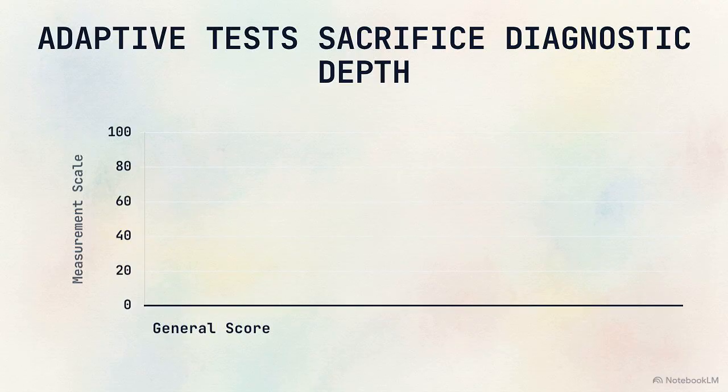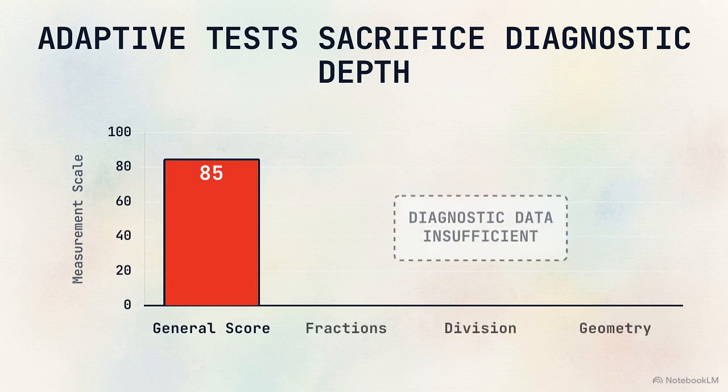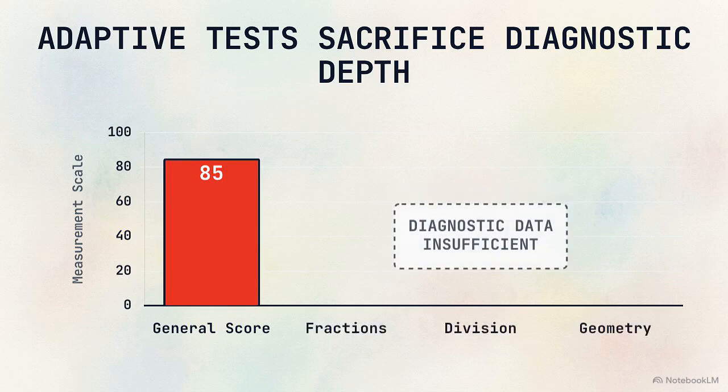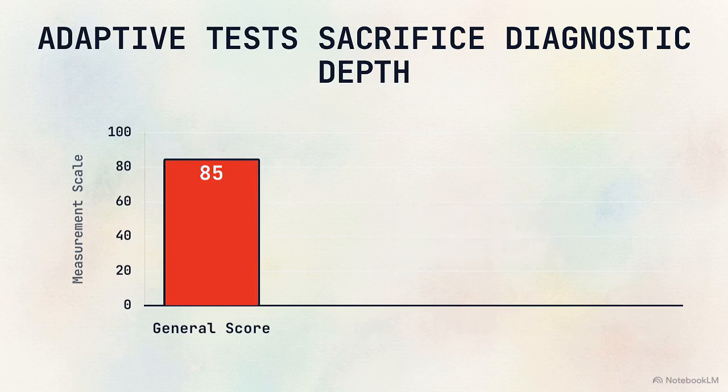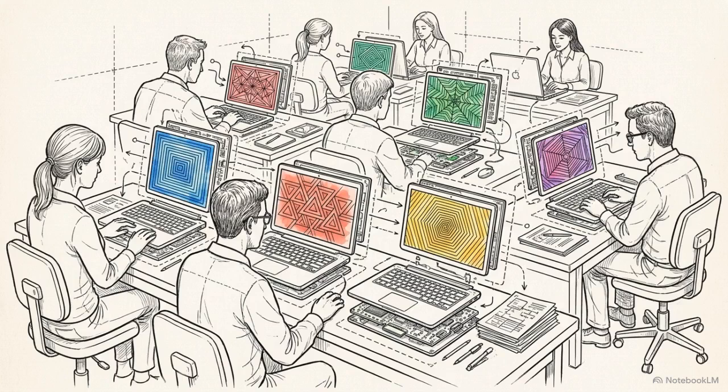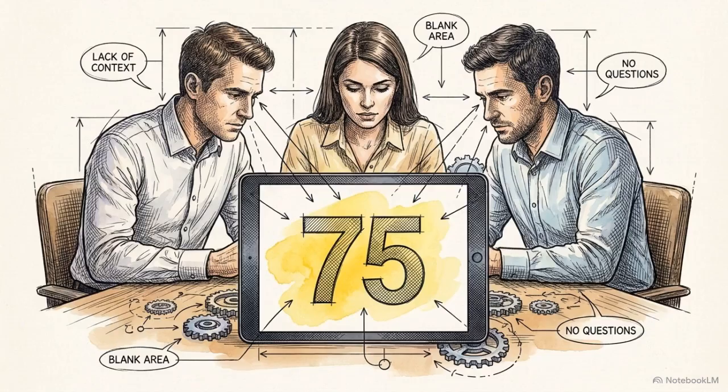Because adaptive tests optimize for that single broad trait, they often sacrifice depth. They frequently fail to offer the granular, student-specific diagnostic data that a teacher actually needs to adjust instruction. Furthermore, because the algorithm routes individual users down divergent paths, no two students take the exact same exam. This makes it difficult to explain results to parents based on questions they've never seen.